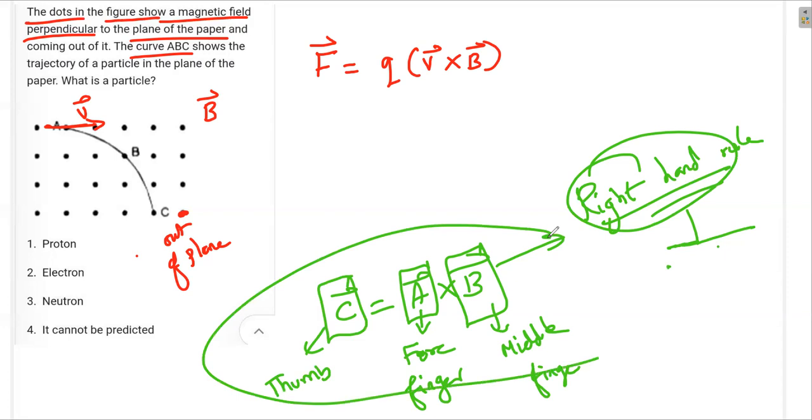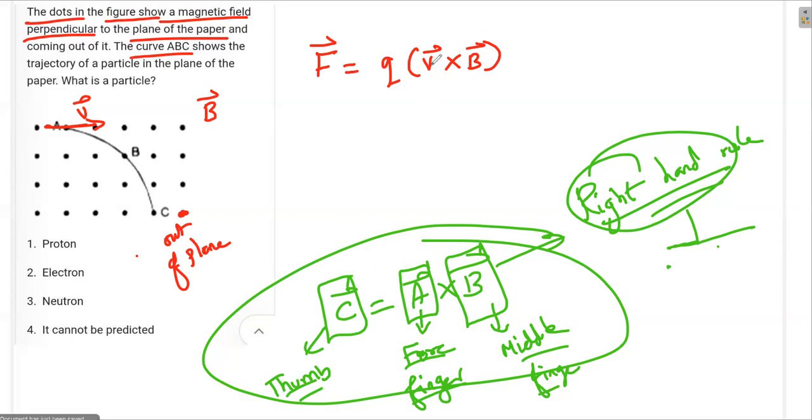This is generally true for any cross product; that's how we have defined the cross product. So for any two vectors, C is A cross B: use the right hand rule, with the first vector along the forefinger, the second along the middle finger, and the third along the thumb. This must be fixed.